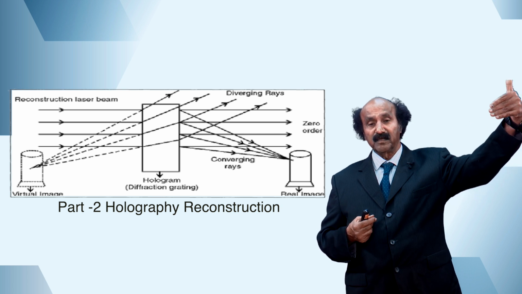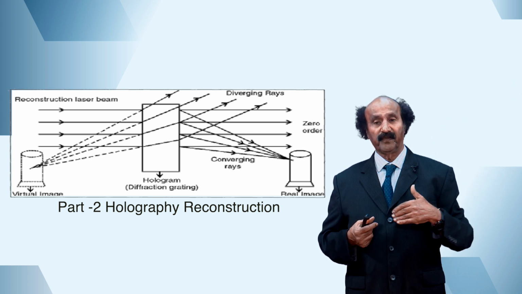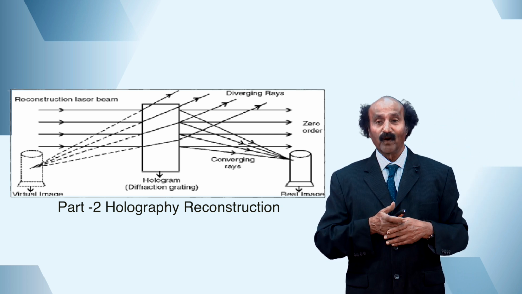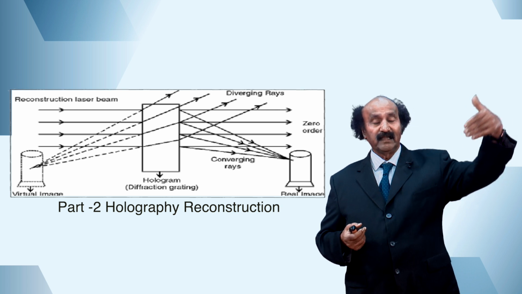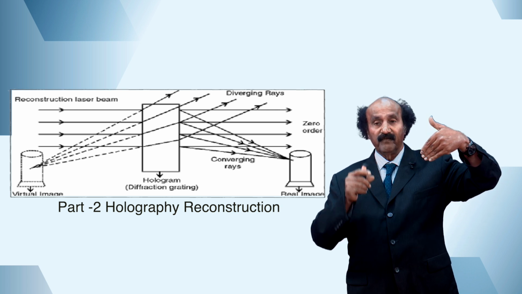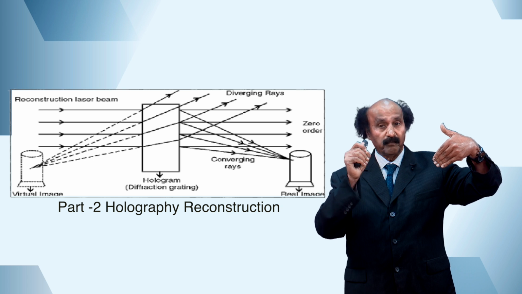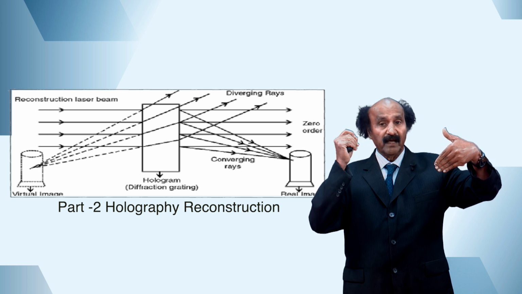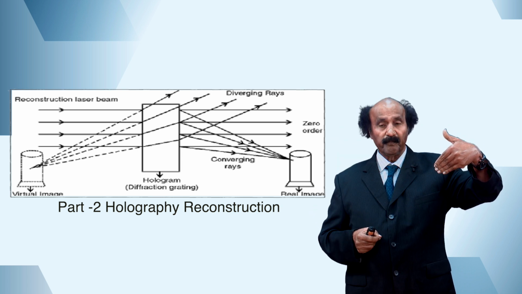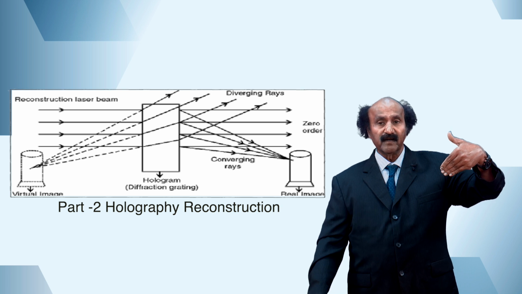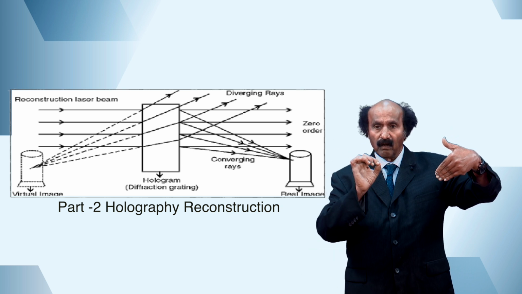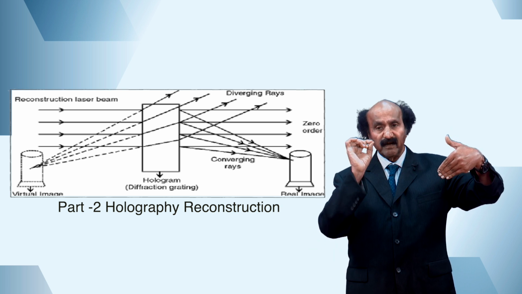I have sent the laser beam in the opposite direction. Then what would happen is, this laser beam will fall on the interference pattern produced and preserved in the holographic plate. The interference pattern will be alternate dark and bright fringes.